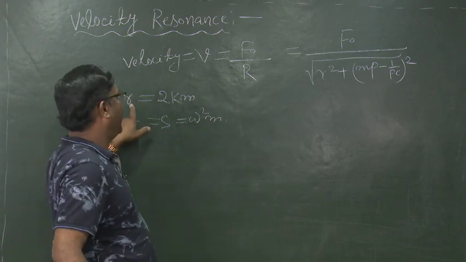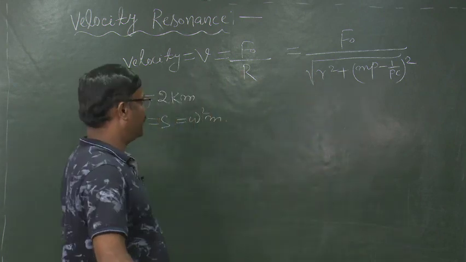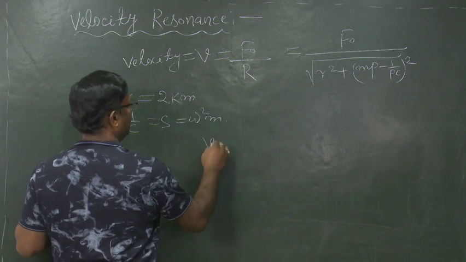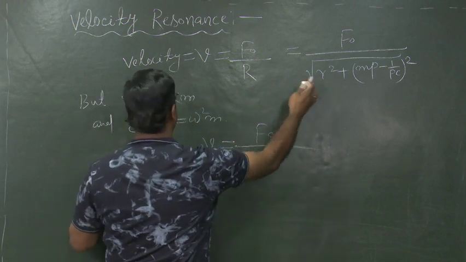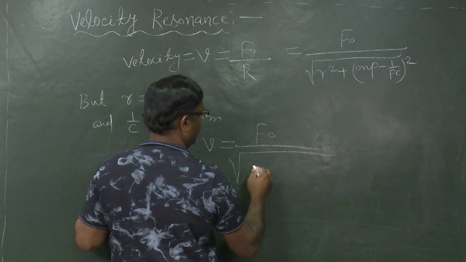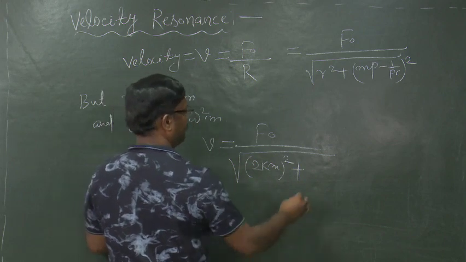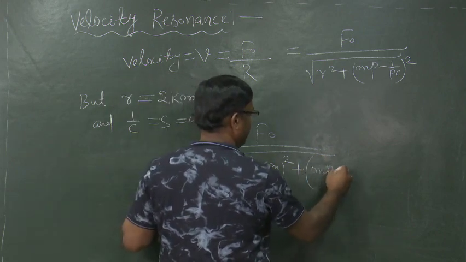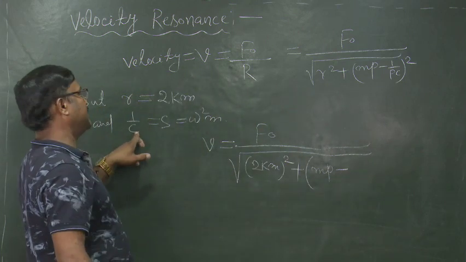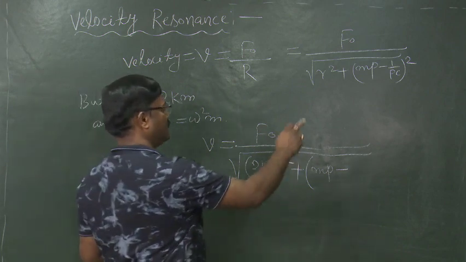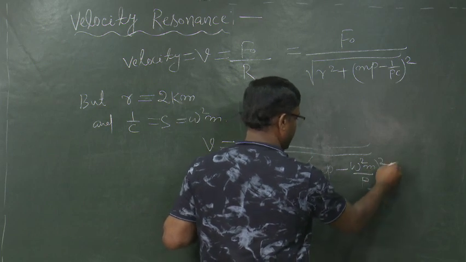So, putting the values of small r and 1 by C in this expression, we can write V is equal to F0 divided by the root over of (2km)² + (mp − ω²m/p)², because 1 by C is S and that is ω²m.